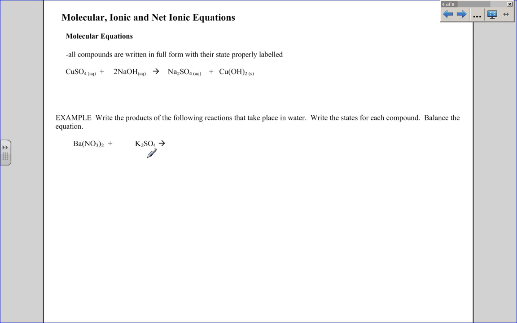We've got barium nitrate and potassium sulfate. So to write the products of this double displacement reaction, we're going to make barium sulfate. Barium has a +2 charge, and sulfate has a -2 charge, so we produce BaSO4. And the other product here is potassium nitrate, which is KNO3 because the potassium is +1 and the nitrate is -1 in its charge.